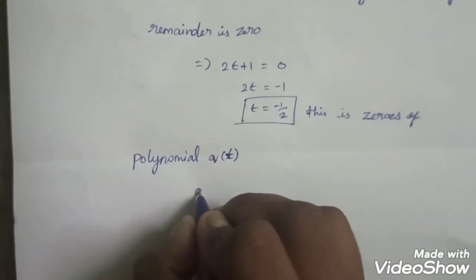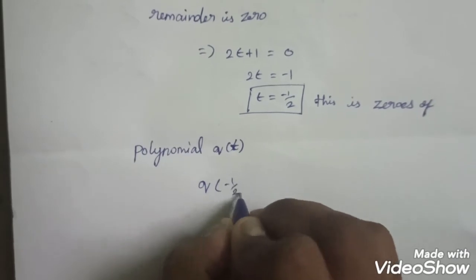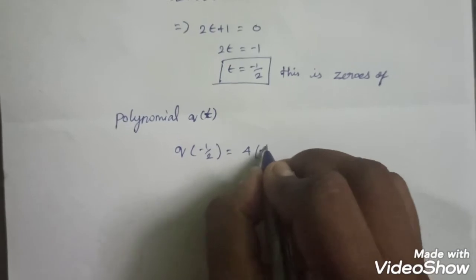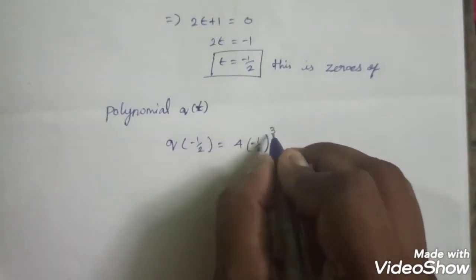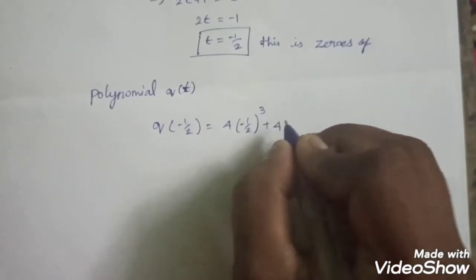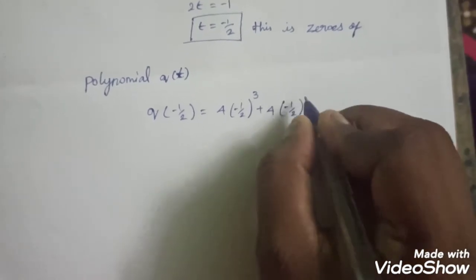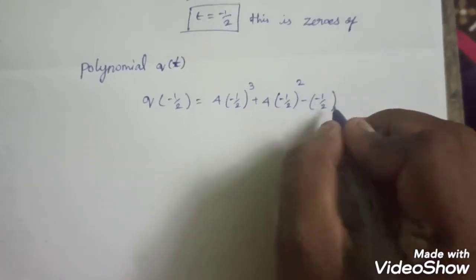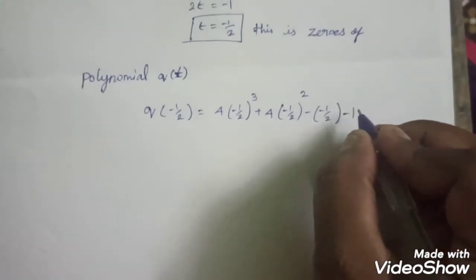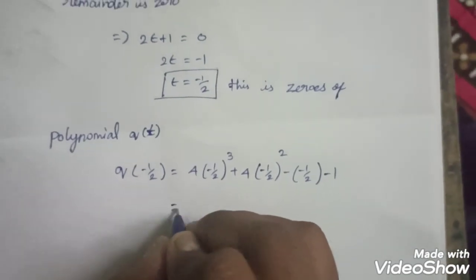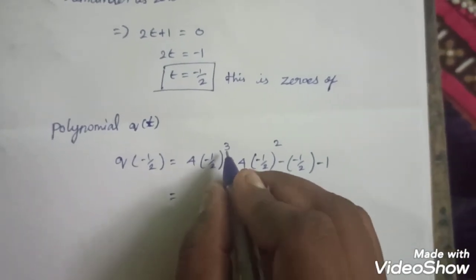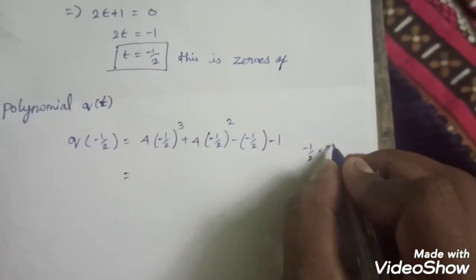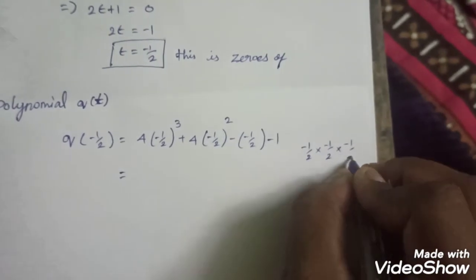So q of minus 1 by 2 is equal to 4 times (minus 1 by 2) power 3 plus 4 times (minus 1 by 2) whole square minus (minus 1 by 2) minus 1. Now this (minus 1 by 2) power 3 can be written as minus 1 by 2 into minus 1 by 2 into minus 1 by 2.